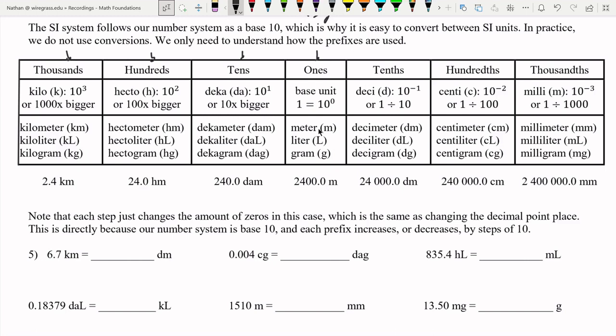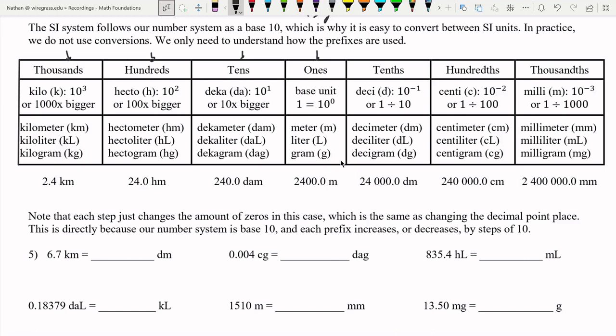And the ones place is going to be the meter, the liter, the gram. These are the units we're going to be using for length, volume or liquid capacity, and then weight.